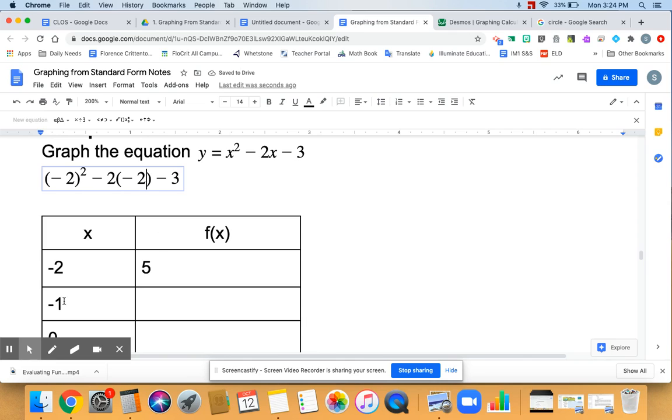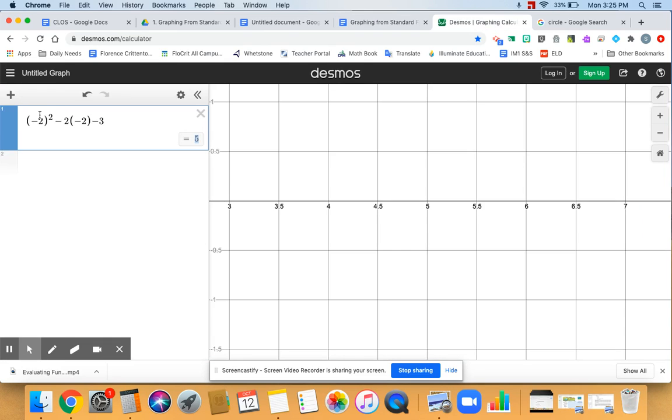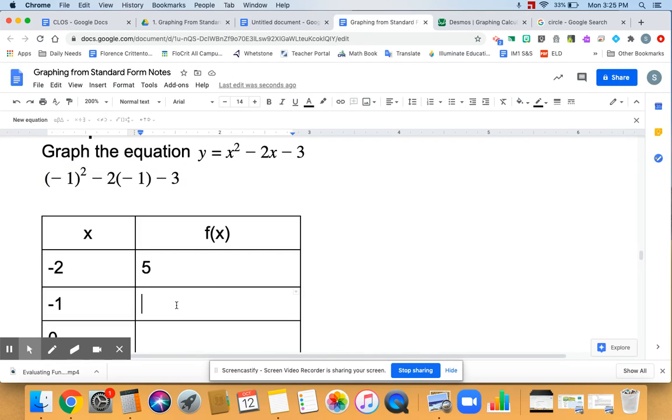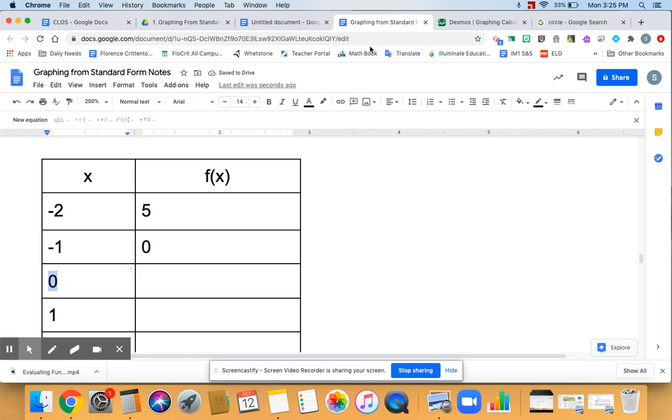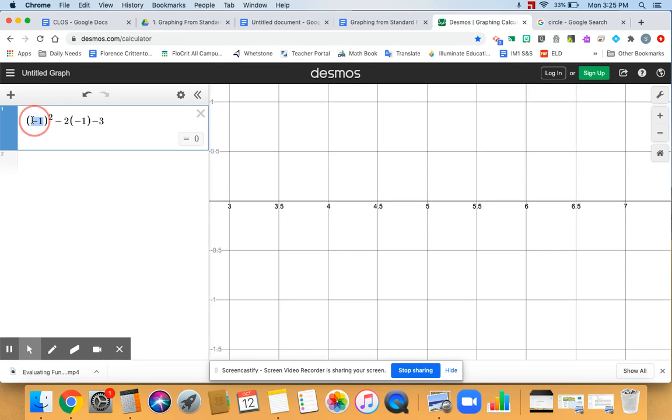So then if I put in -1 instead for the x's, so -1 here and here, I do that in my calculator, I get out the answer of 0. Then I have to put 0 into both of them. So what if x is 0?